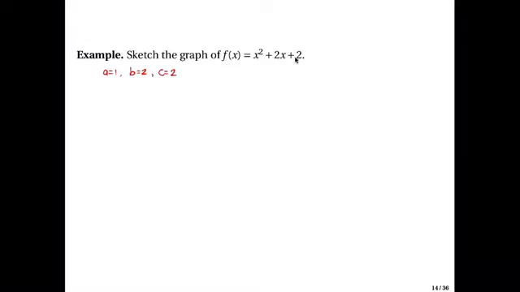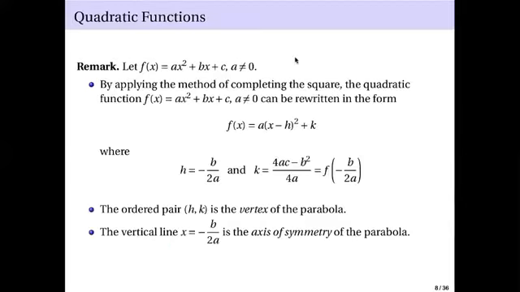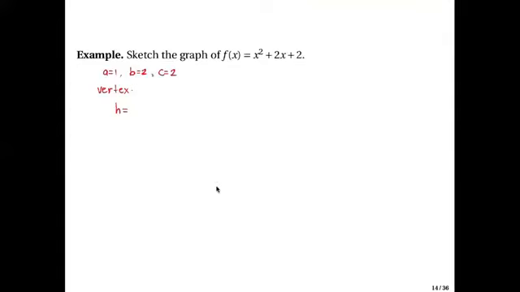So let's find the vertex of this. To find the vertex, we need h. According to this slide, h is negative b over 2a.